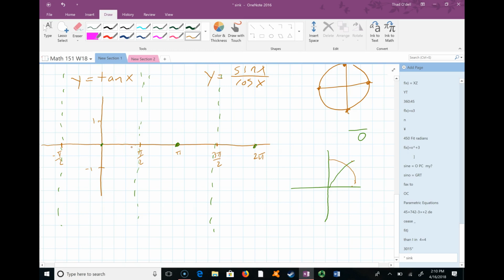So if you look at the fraction, if this is getting bigger and this is getting smaller, that means the overall fraction is getting larger because I'm dividing a smaller and smaller number into a bigger and bigger number. So again, sine is getting closer and closer to 1, and cosine is getting closer and closer to 0.